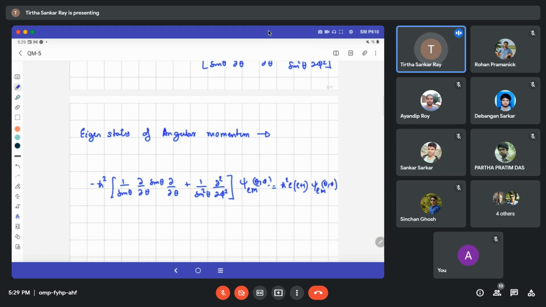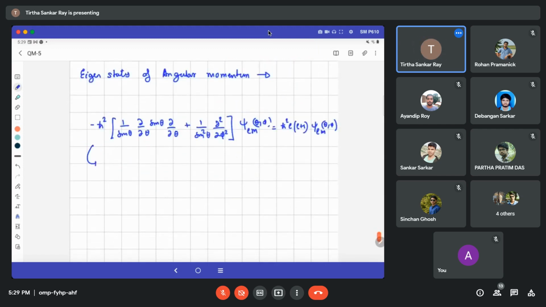And you have already looked at the solution of this. This solution is psi of theta comma phi equal to some normalization constant depending on m and L, times e to the power of i m phi, and the associated Legendre function of cos theta, which are sometimes known as the spherical harmonics.